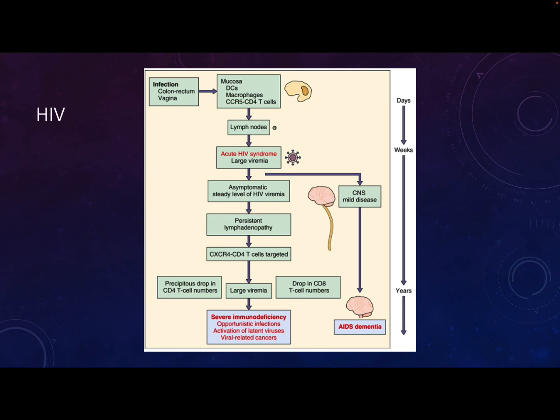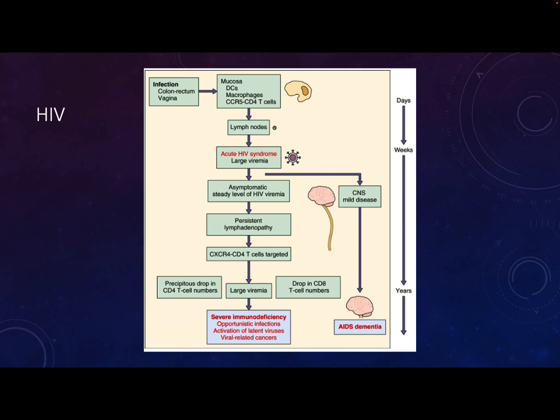The number of T cells starts to decrease. And at some point, and I'll show you in a few slides, you have a patient who gets to a point where the viral titer is so high, the number of CD4 positive T cells has dropped below a certain cutoff, and you have the presence of some sort of opportunistic infection. You now say that that patient has progressed from HIV to AIDS.